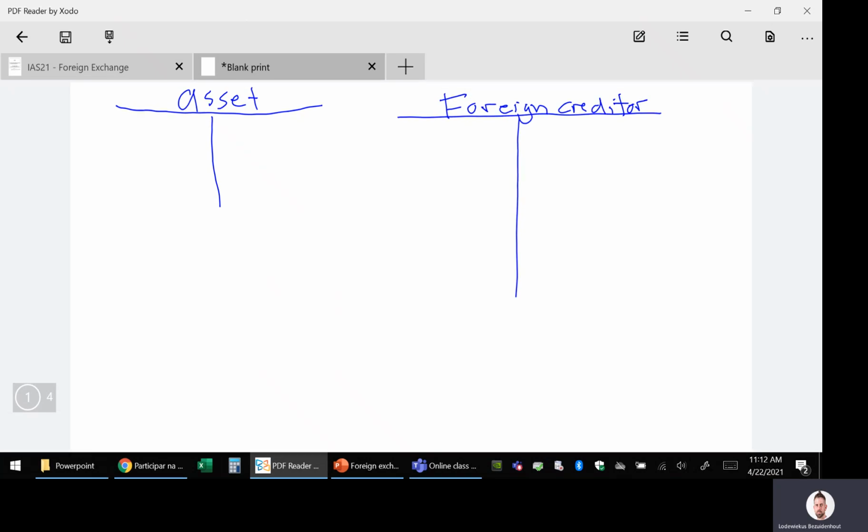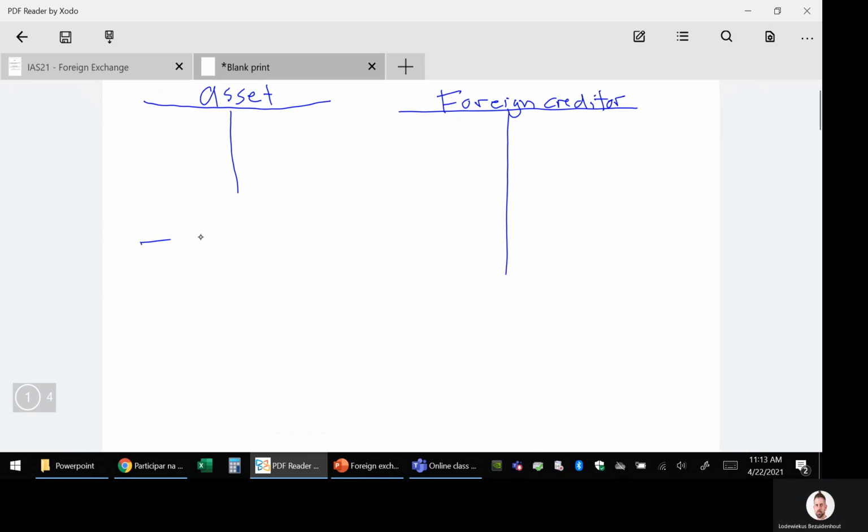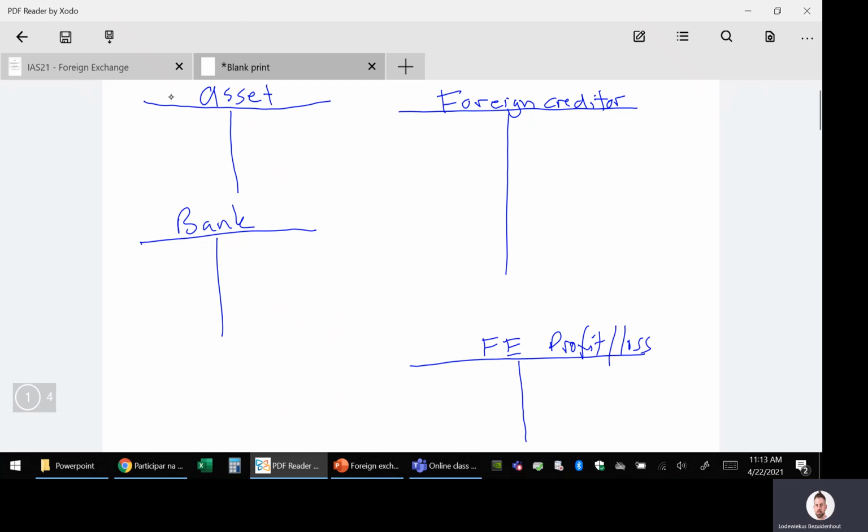Then there will be a bank amount because we made a payment, and because we have to restate it on year end, we would have a foreign exchange profit or loss. An asset is more on the debit side, less on the credit side. A creditor is more on the credit side, less on the debit side. Bank, more, less. Foreign exchange profit.